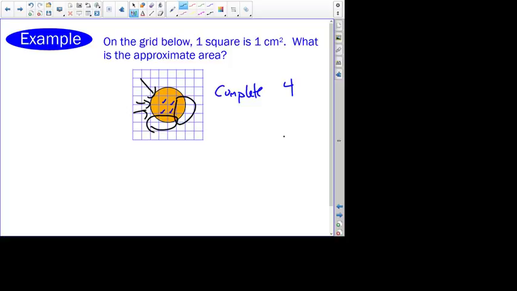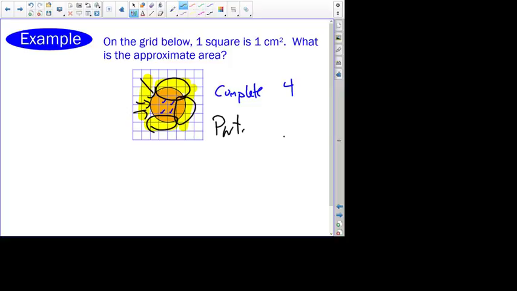Rather, sorry, bear with me here. I'm going to correct myself. This gives me 2, this gives me 2, this gives me 2, and this gives me 2, for a total of 8 partial squares.